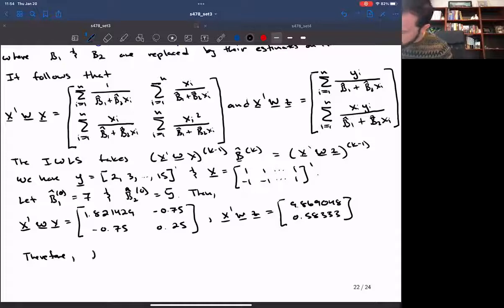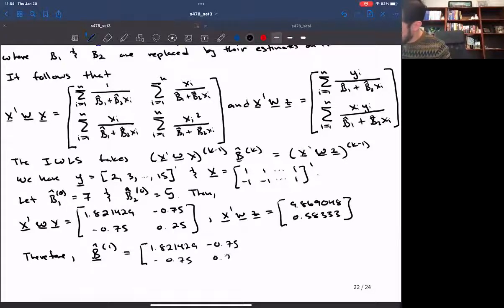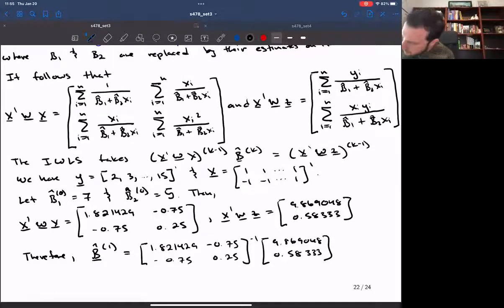Therefore, beta hat on iteration 1 is going to be the inverse of this matrix times that vector. And that gives 7.45124.937.